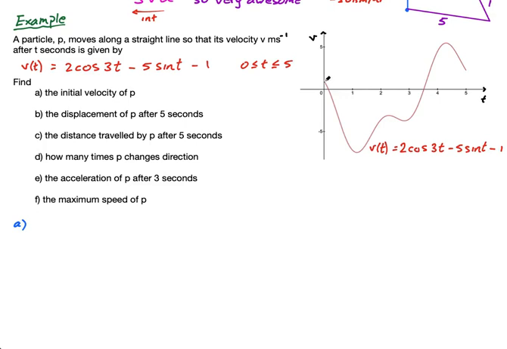Now the gradient of the graph is negative, or it's decreasing, but that doesn't mean the car is going backwards. At the very beginning, the car is going forwards because its velocity is positive. So its velocity is positive here, and it's positive all the way down to that point there, which is a 0.